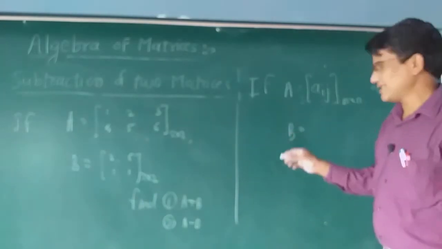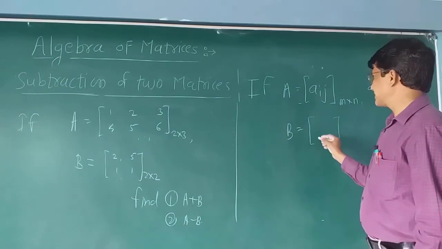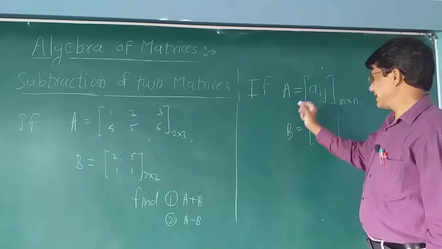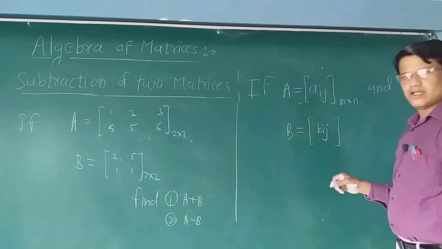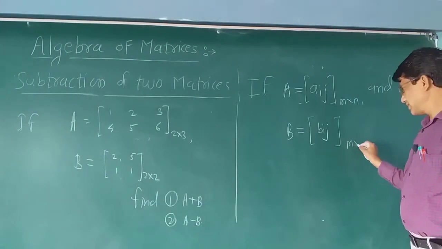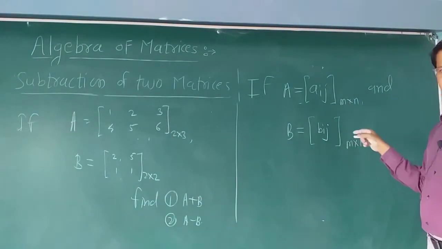What will be matrix B? The elements in the B matrix, write it as here: matrix A, here matrix B, Bij, order m by n.